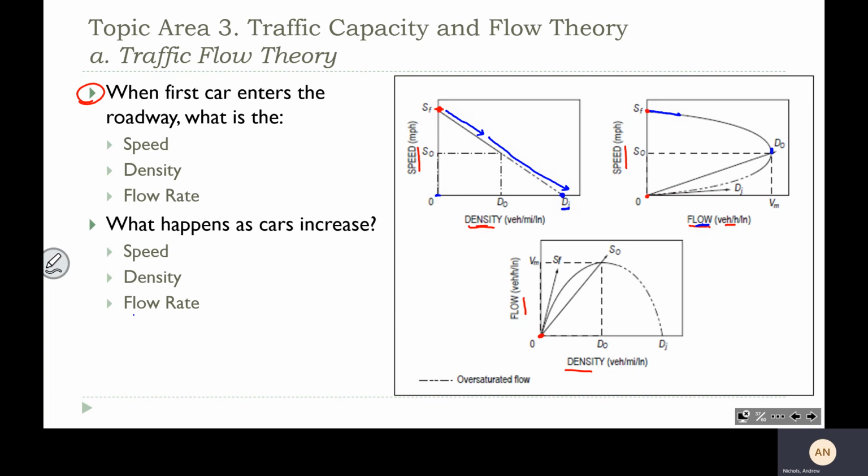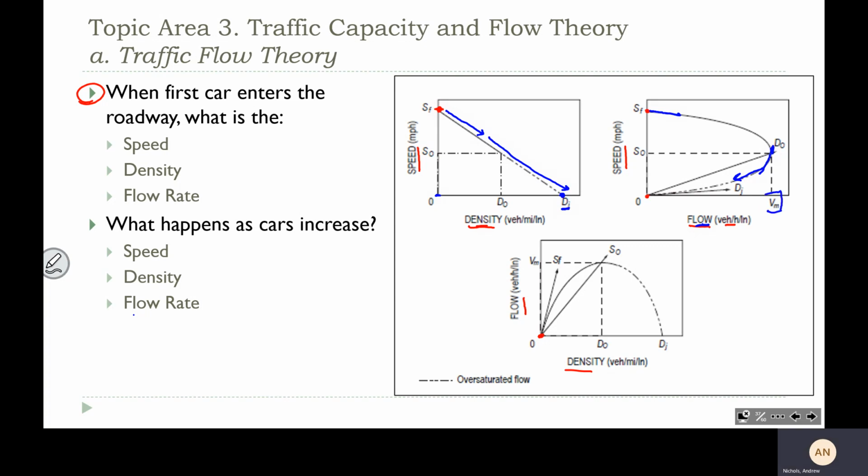Once it gets to this midpoint, the density keeps increasing, but since the speed keeps decreasing, you end up with more cars, but they're going at a slower rate of speed. Therefore, the flow rate, vehicles per time unit, actually starts decreasing, which is why we level out here and speed continues to decrease, but our flow rate starts decreasing.